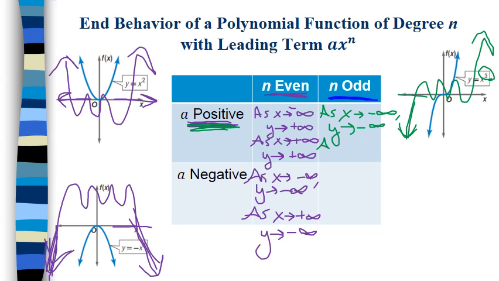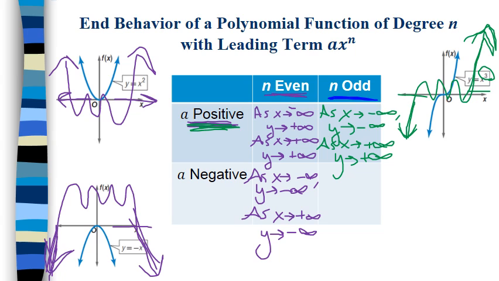As x goes to positive infinity, so this way, y is going to go up to positive infinity. And remember, we talked about what y is doing as x gets bigger and bigger and bigger. If it's positive, what happens if x gets more and more negative? What's happening to y?